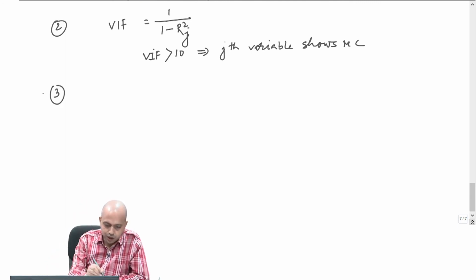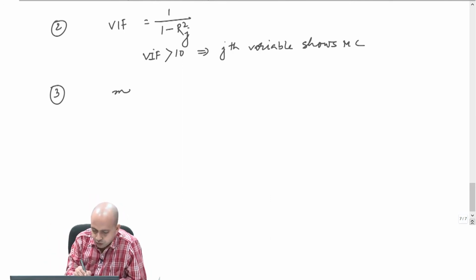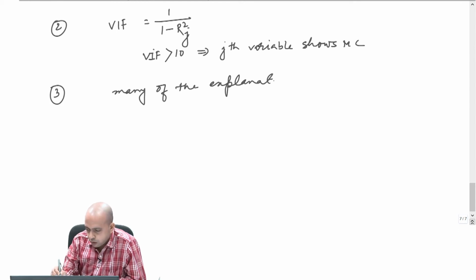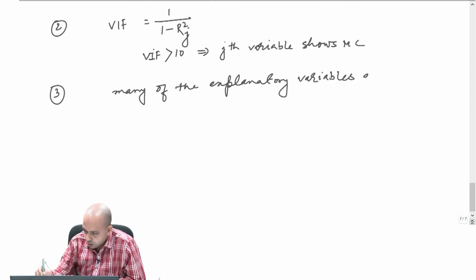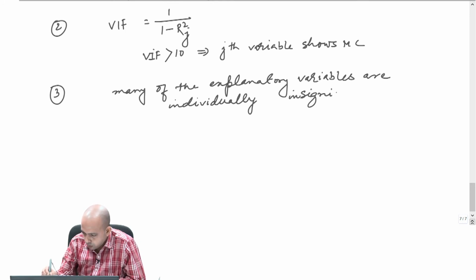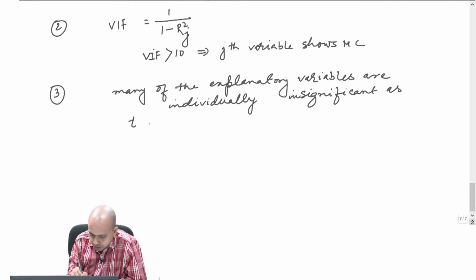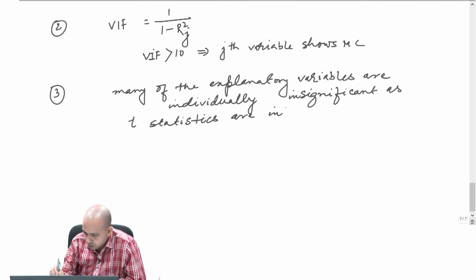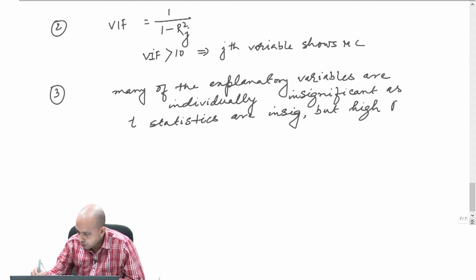And the third one is, as I said, how will you detect that many of the explanatory variables are individually insignificant, as T statistics are insignificant, but high R square.